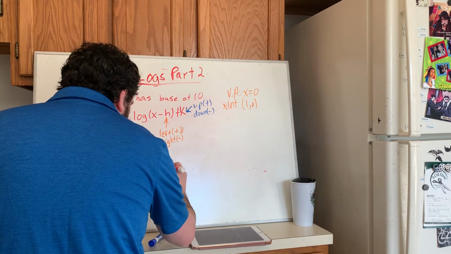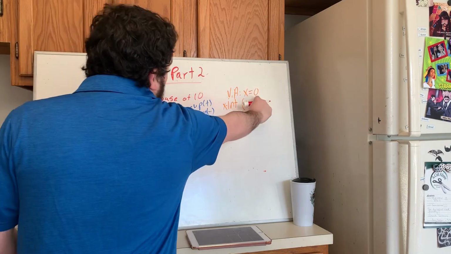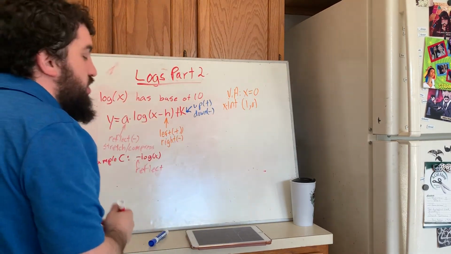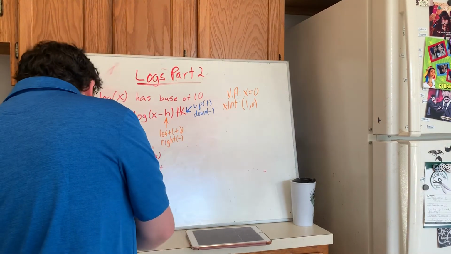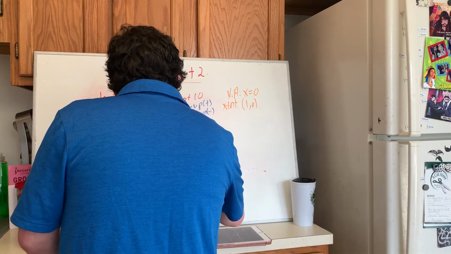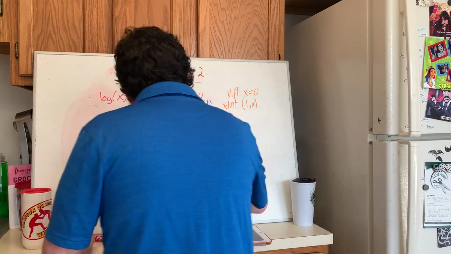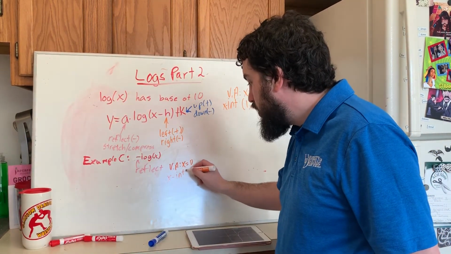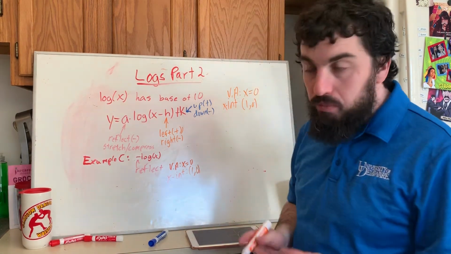Since it is reflecting, I don't have my vertical asymptote change, and I don't have my x-intercept change. It goes from going up to going down. So the vertical asymptote is still at x equals 0, and the x-intercept is still 1, 0.